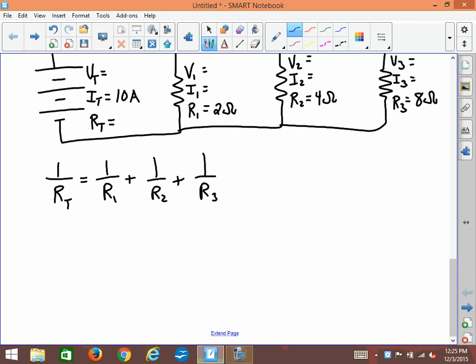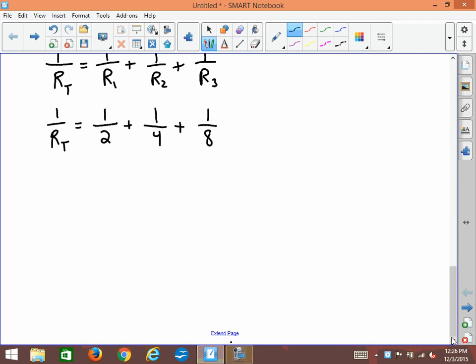So that when you put your numbers in here, 1 over RT turns into 1 over 2 ohms for resistance 1, plus 1 over 4 ohms, plus 1 over 8 ohms. Now we have to add these fractions. And if you recall, adding fractions requires a common denominator. And so we can get a common denominator of 8 for these 3 fractions.